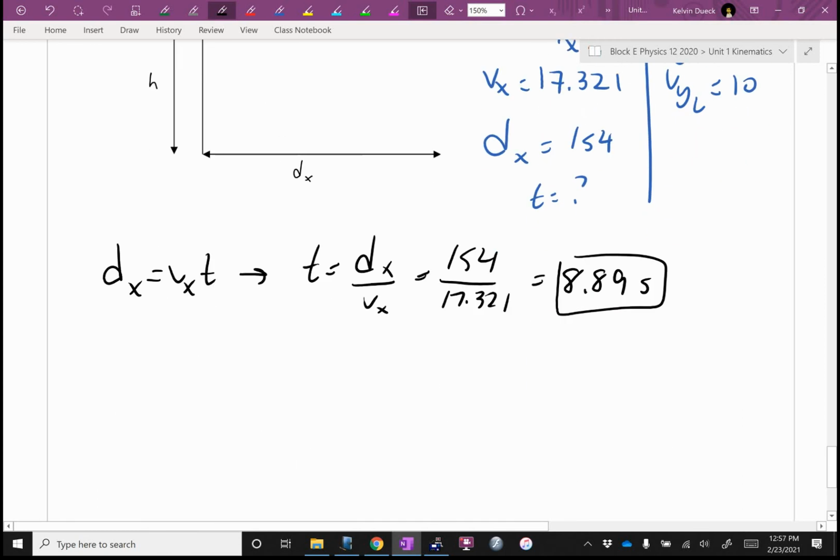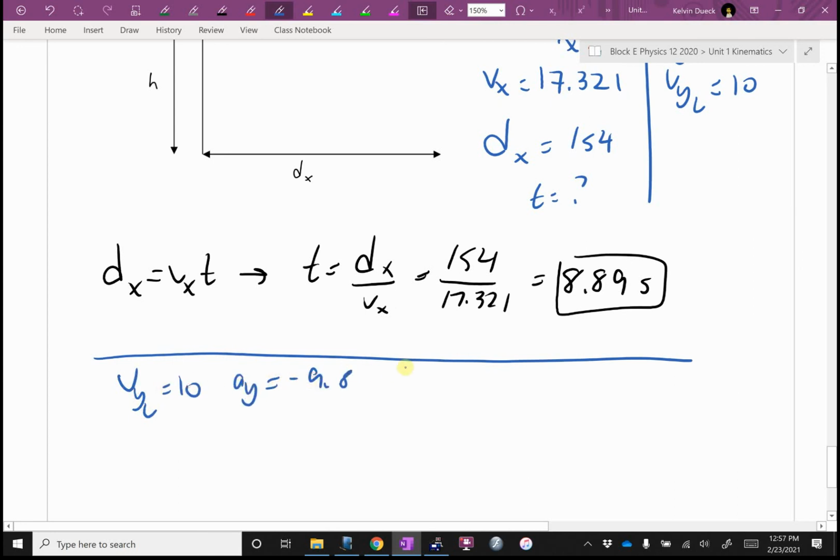Now they want me to find the height. Height is going to be vertical. So to solve it vertically, I'm going to have Vy initial was 0. No, was 10, Mr. Dueck. Let's try that again. Vy initial was 10. Ay was negative 9.8. Time is 8.89. I can totally find dy.